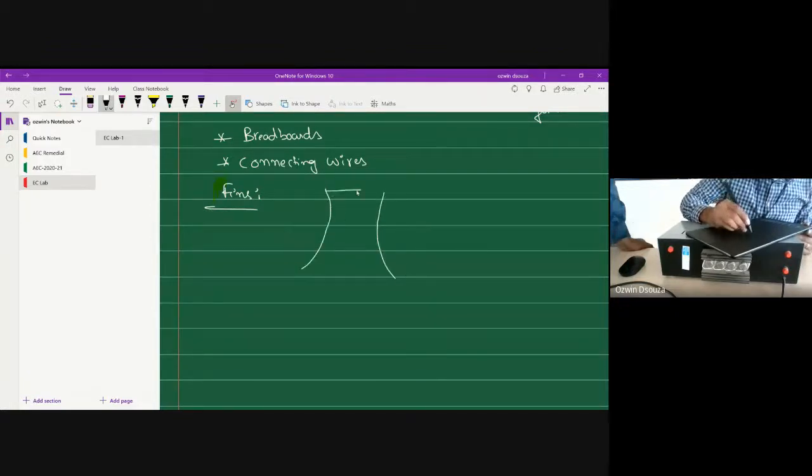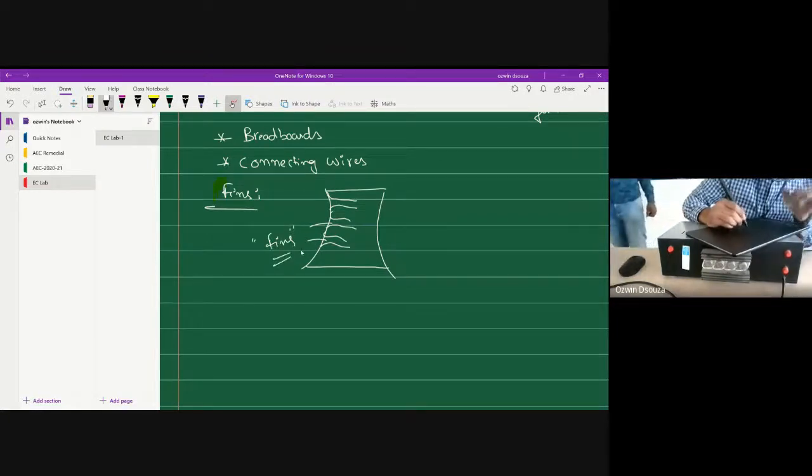You will have several grooves on the surface. So these grooves are called fins.